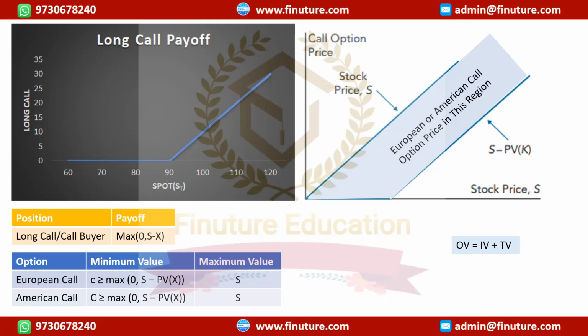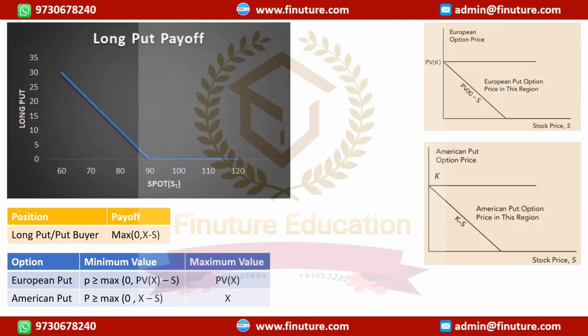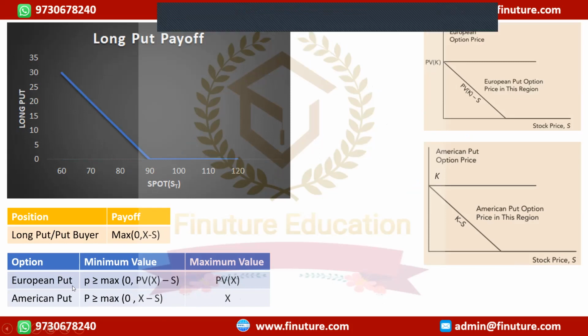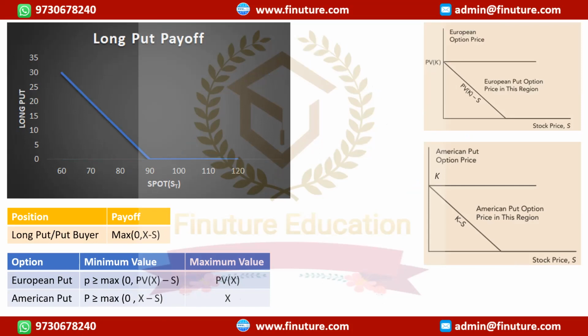Let's look at the put option. The way to look at a European put is that its maximum value is the present value of the strike, because if you sell something at 100 today versus something at 100 after one year, getting your money earlier is better for you, and you can invest it for a certain period.